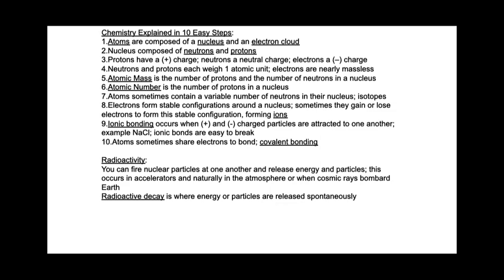The pluses and the minuses come together, and sometimes you share the outer electrons in atoms that get close to one another, and you get covalent bonding. Most of the silicates are covalently bonded.